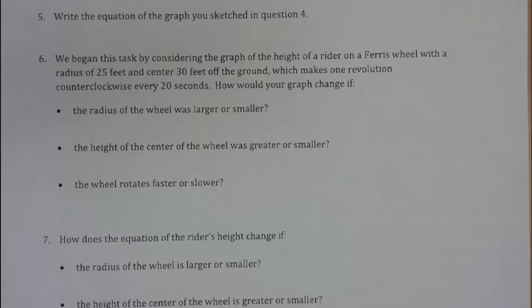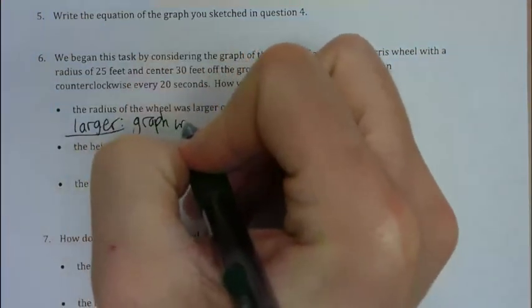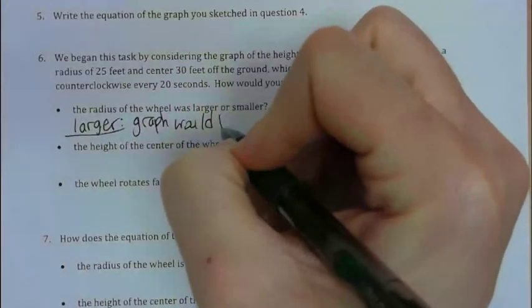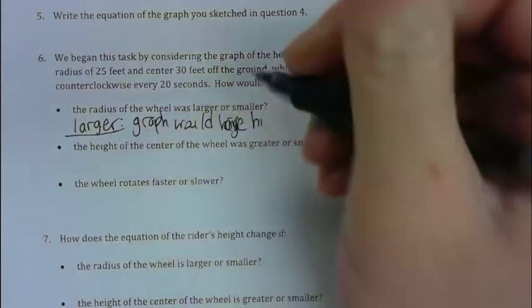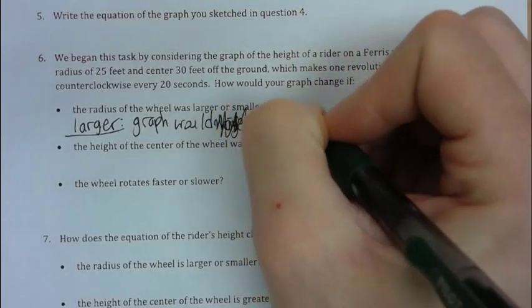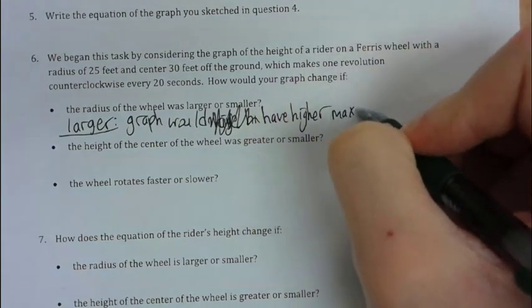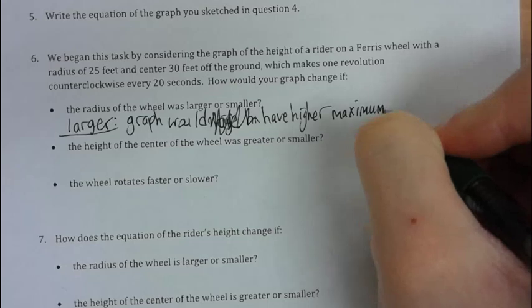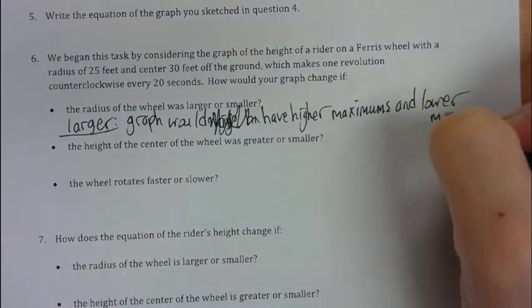So if our radius was larger, the graph would have higher maximums and lower minimums.